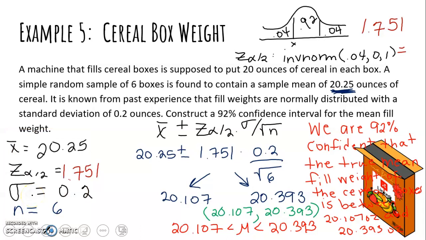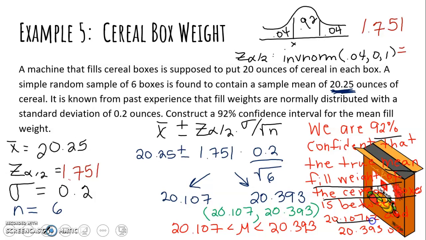So basically you could use this as a template. So the things you need to change up would be the confidence level, the context of what we're finding here. You're estimating what? In this case, it's the mean fill weight of the cereal boxes.